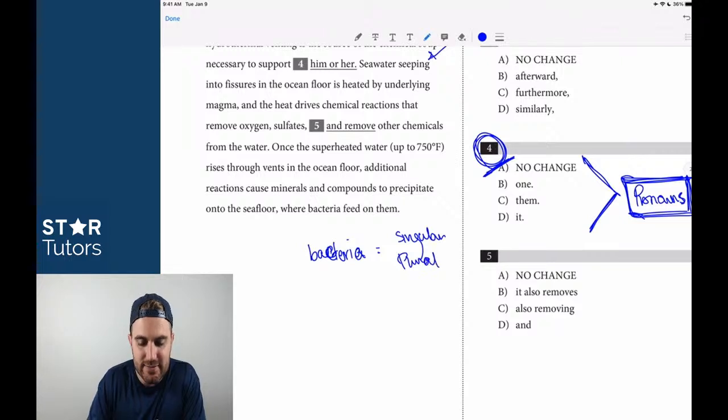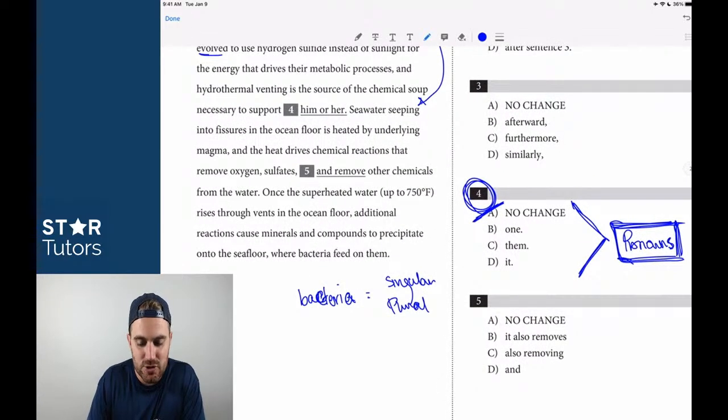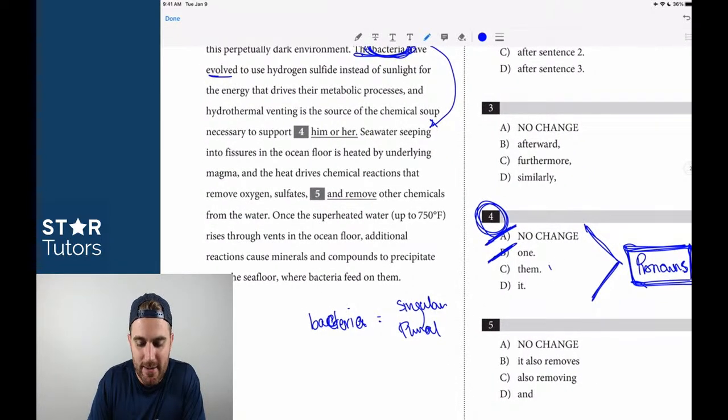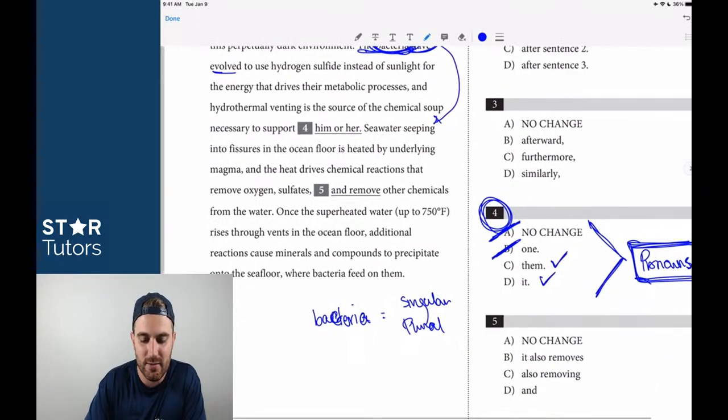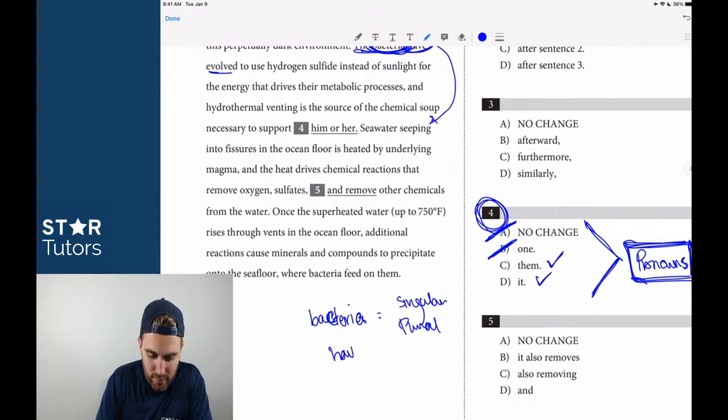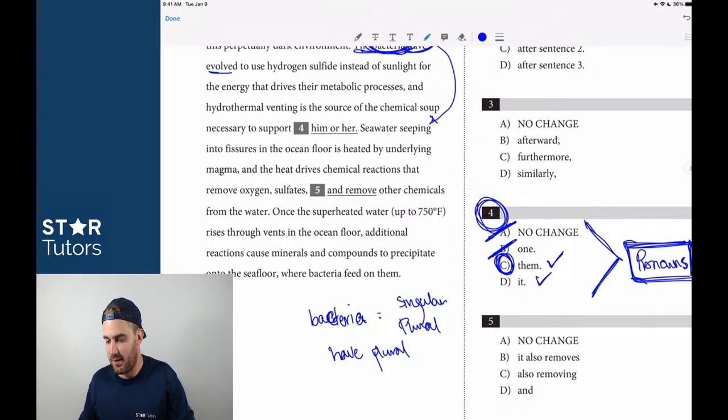So that takes away some of these things. So it's not one, right? That doesn't make sense. But we're looking at them and it. Now, is it singular or plural? We have to ask ourselves, what about this verb have? The word have is plural. So we know the answer has to be C. I think, I hope.